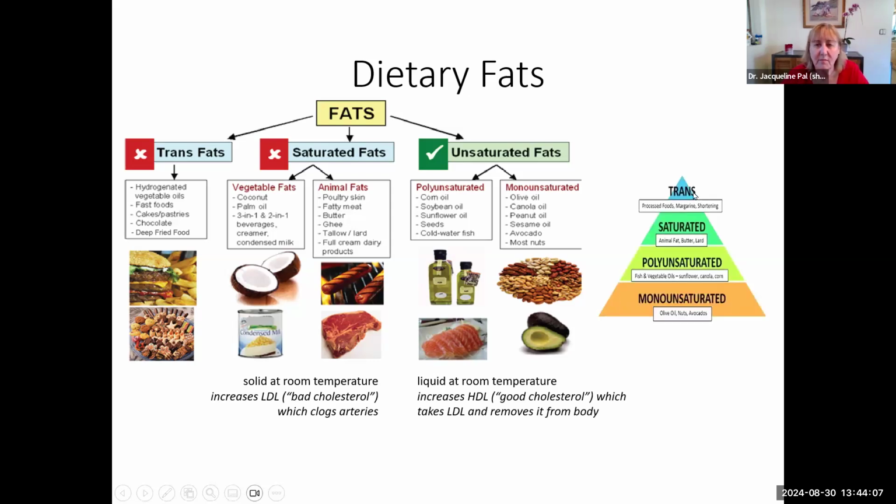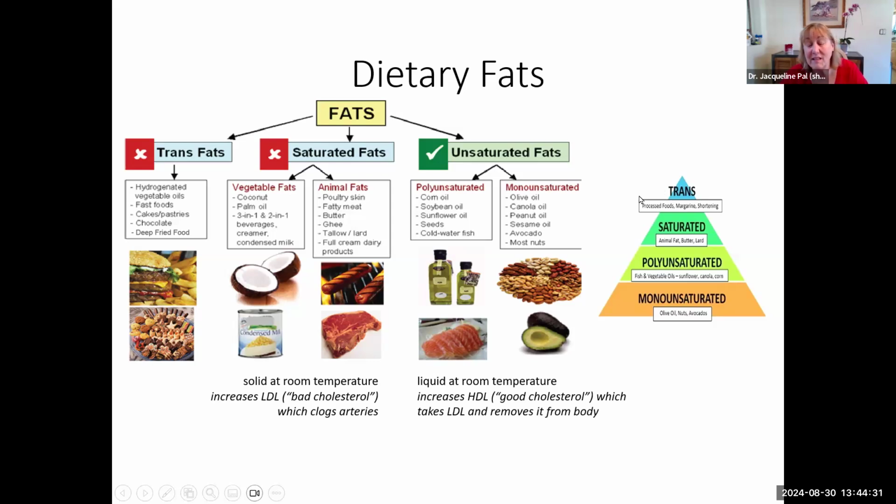All right. So think about the little pyramid when it comes to fats. Monounsaturated fats: be cooking with olive oil. Olive oil can be expensive. Use canola oil, unless you want the taste of olives. Avoid trans fats. Don't use them. Try not to consume them.